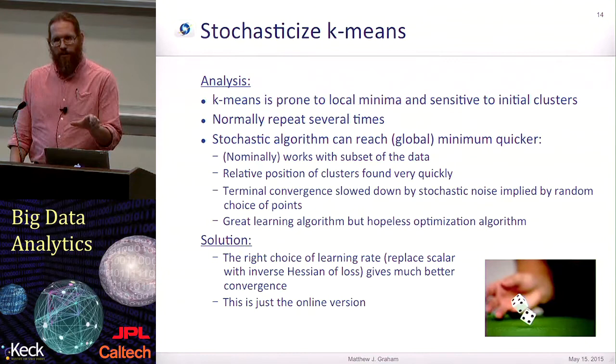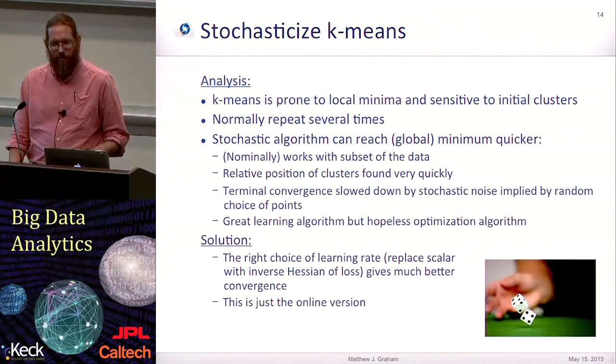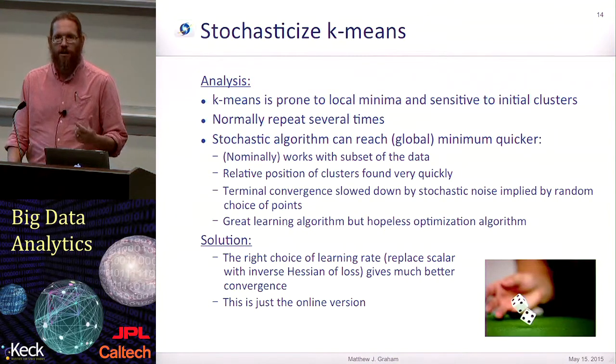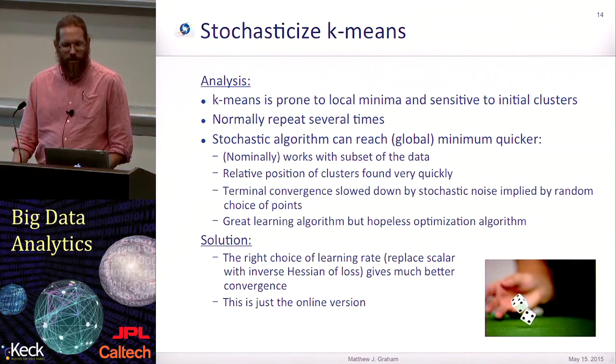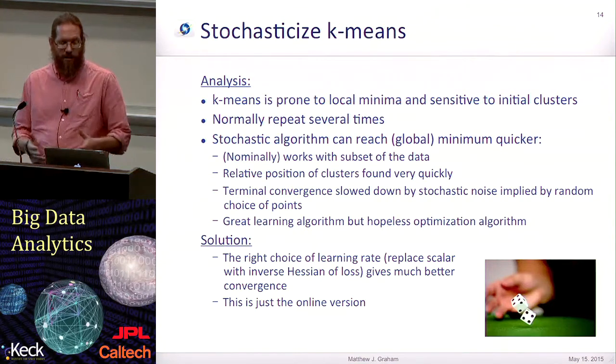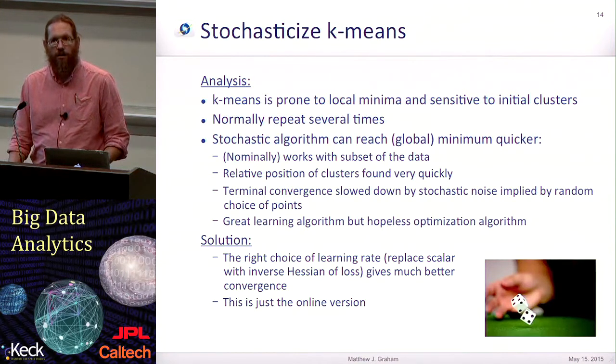So that update term in the online version, in the streaming version of the k-means, is exactly the same as the term that you use in the stochastic k-means algorithm. So in that case, this means the stochastic and the online version are equivalent.